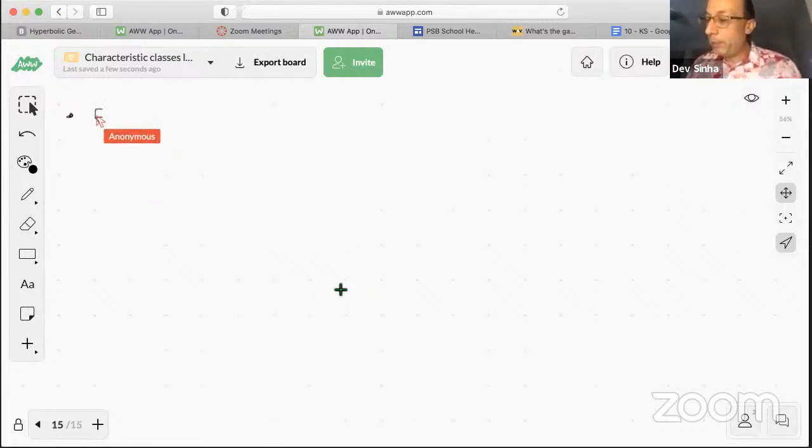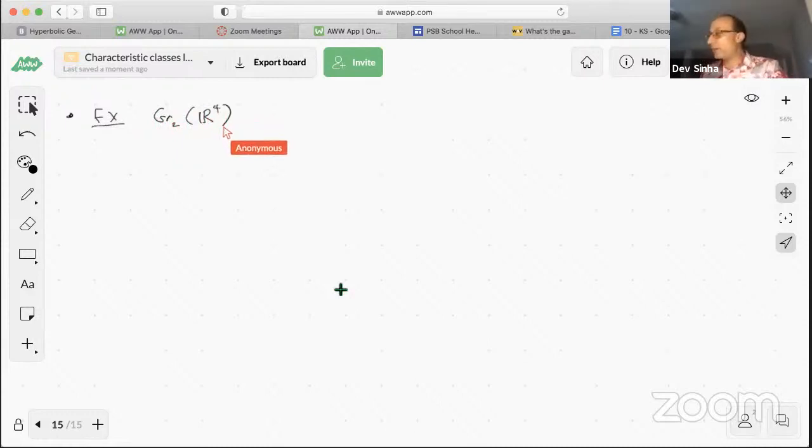So the example again is we want to look at GR2, R4. That's the first case. It's not a projective space. We're going to use a standard flag, R0 and R1 and R2 and R3 and R4. Then let me use the lattice paths.